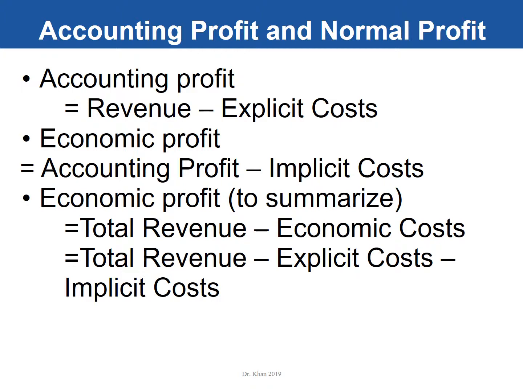So again, the accounting profit formula is revenue minus explicit cost, cost that has a receipt, a transaction documentation. And the formula for economic profit calculation is accounting profit minus implicit costs. Okay.